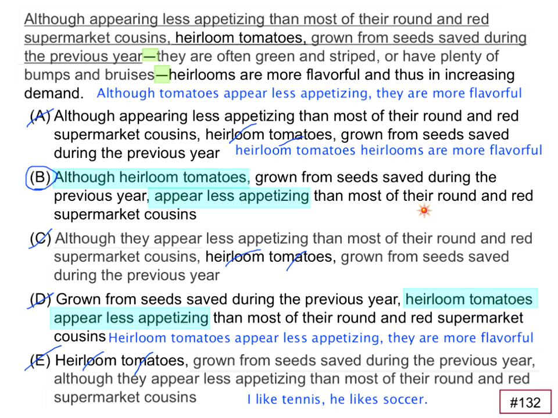Pronouns are kind of fuzzy, so I don't start with pronouns, even if I see them. There are a couple rules that I know, but I don't like pronouns. I'll go for things like sentence structure, subject-verb agreement, things that I know are hard and fast rules. You have to have a subject and a verb. You can't have two subjects run into each other. You can't have two sentences run into each other. Those things I know are harder rules, and so I'm more confident when I'm using them.